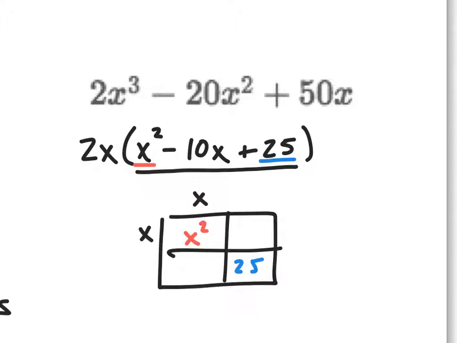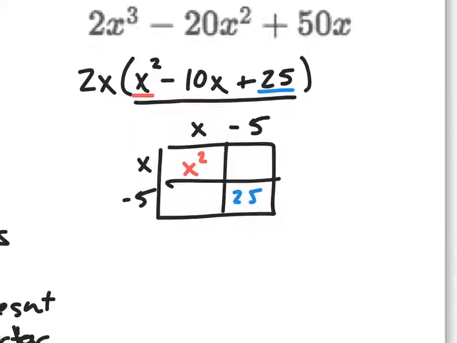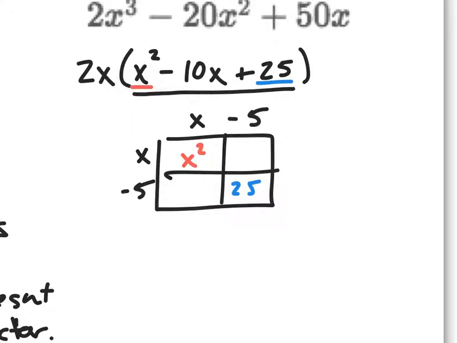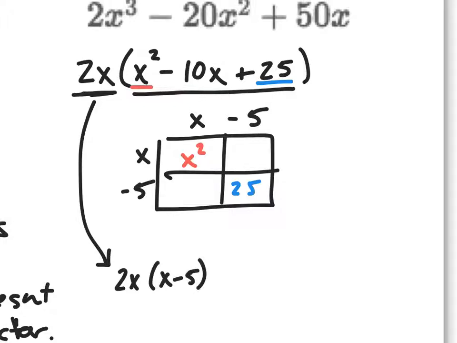And then two numbers that multiply to 25 but also add to negative 10 would give me negative 5 and negative 5. So here I've factored this, but we have to remember to keep the 2x. So that's going to come down, and we've got 2x multiplied by x minus 5 by x minus 5.